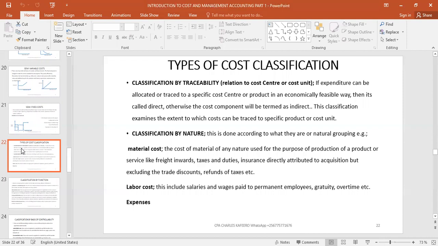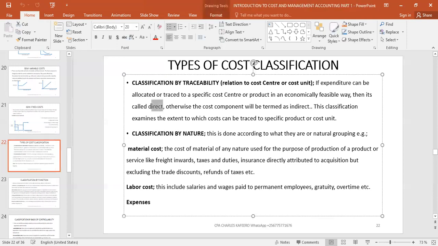Here we are saying, if expenditure can be allocated or traced to a specific cost center or product in an economically feasible way, then it's called direct. You can highlight this one. It is called direct, so that if we can directly trace the cost we've incurred on a particular item, then those are the direct costs.